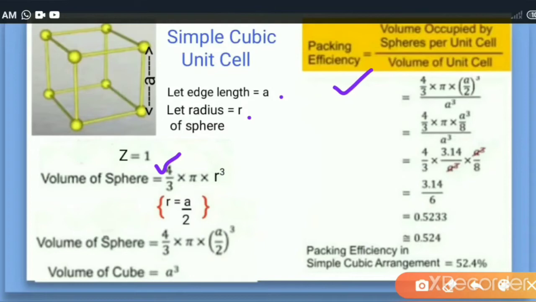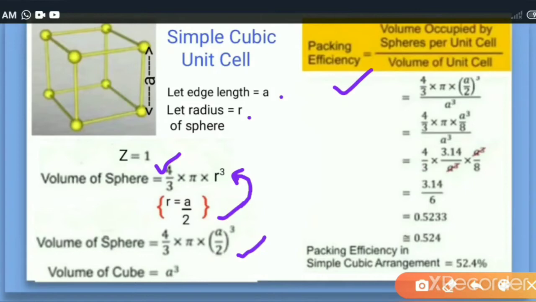Since here the particles are spheres, we need to find out the volume of the sphere. What is the formula for the volume of the sphere? That is 4 by 3 pi r cube. In the previous video, we derived a relation between the edge length and the radius, that is r is equal to a by 2. Substitute this value in this equation. We'll be getting the volume of the sphere equal to 4 by 3 pi (a by 2) whole cube.